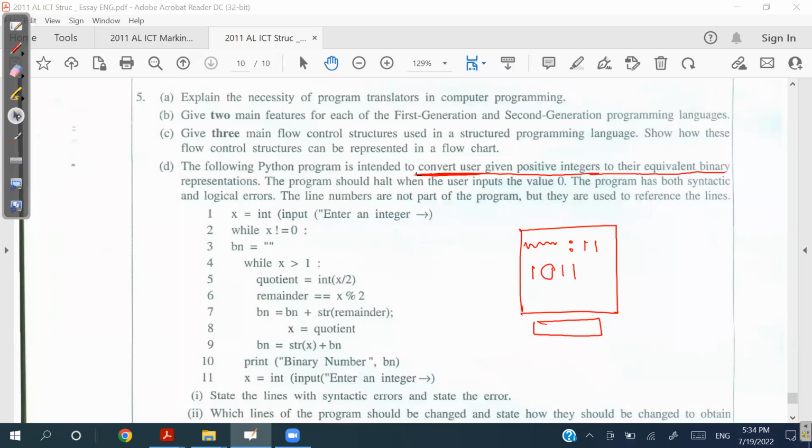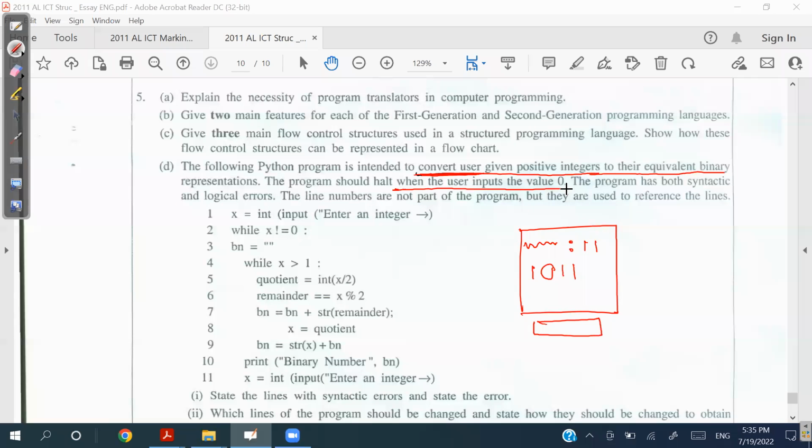Because without understanding the purpose of this program, you won't be able to understand this question fully. And there's a condition they are saying the program should hold: it should end when the user inputs the value 0. That means the program is going to end when the user inputs 0.